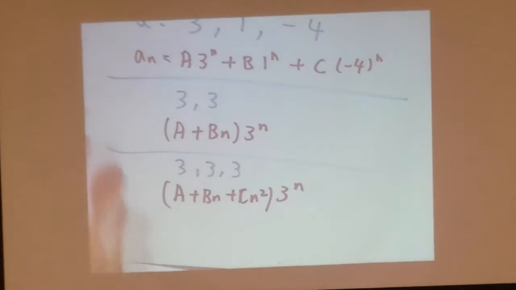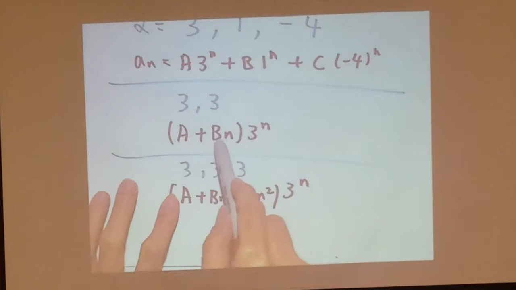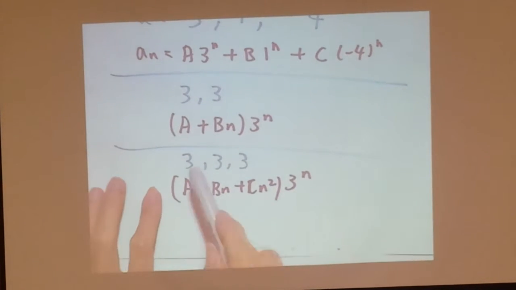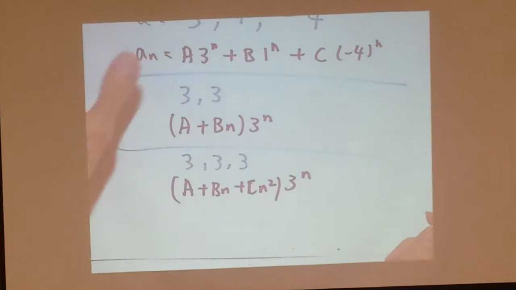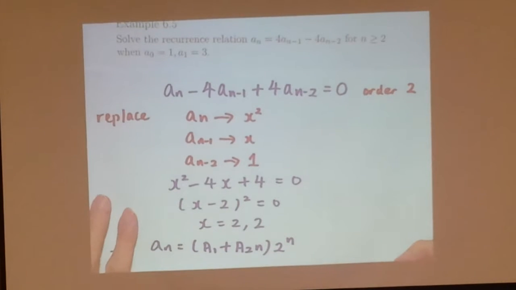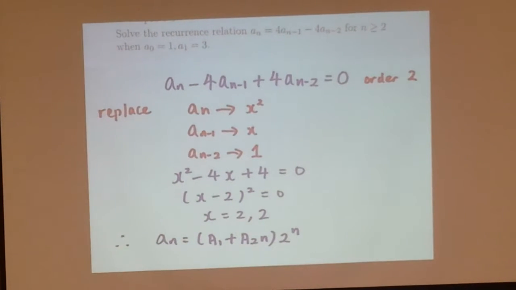Remember just now I mentioned this, that if 3 appears 2 times, the second coefficient is times n. If 3 appears 3 times, then the third coefficient is times n squared, and so on. So this is what you should have. And after that, you have to find A1, A2.